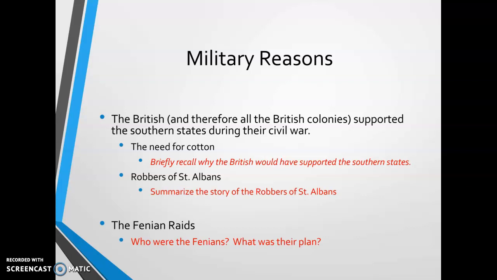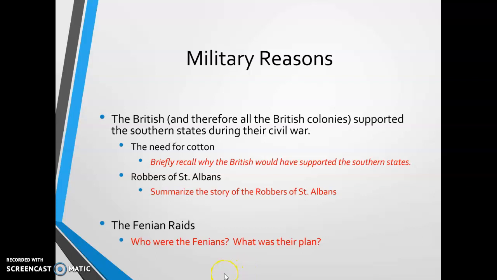Then there were the Fenians. Now, the Fenians were a group of Irish Americans who had this phenomenal idea. It's amazing how good an idea can seem after you've had a few shots of whiskey in you. And I say that quite literally because most of their meetings did take place in various pubs.